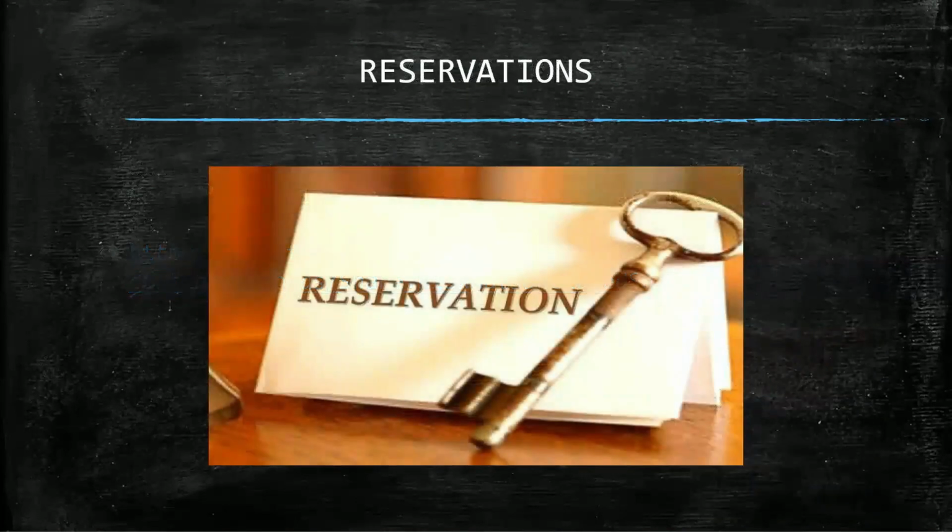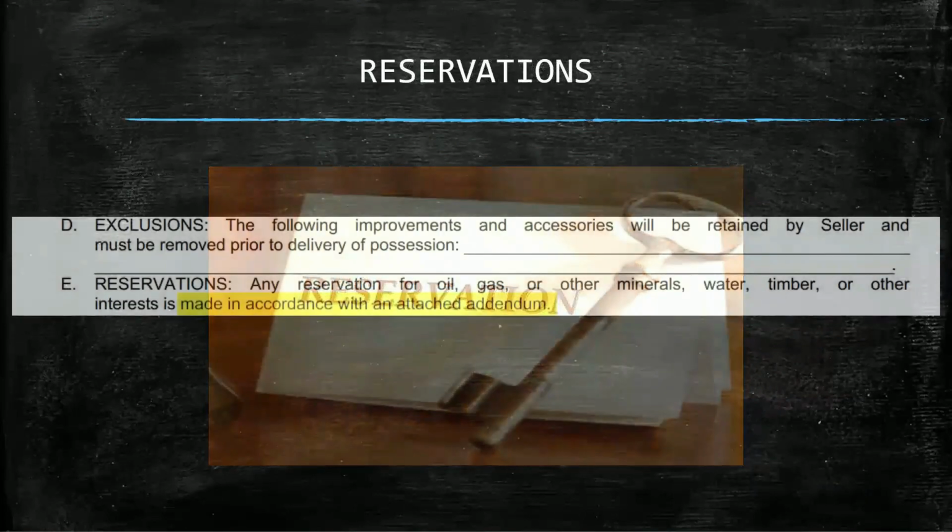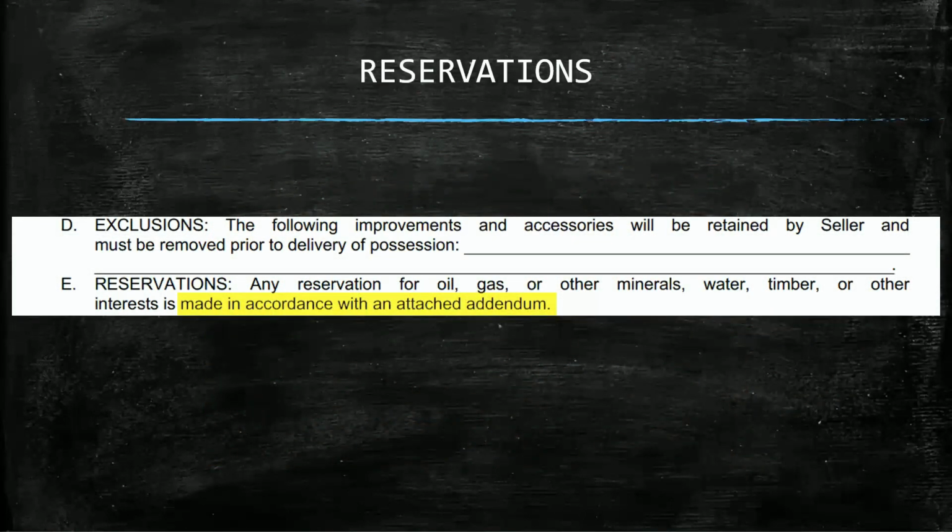Let's talk about reservations. The contract says that any reservation for oil, gas, and other minerals, water, timber, or other interests is made in accordance with an attached addendum. If you are going to reserve any property rights, you must use a separate addendum. The 1-to-4 contract does not include any reservations.